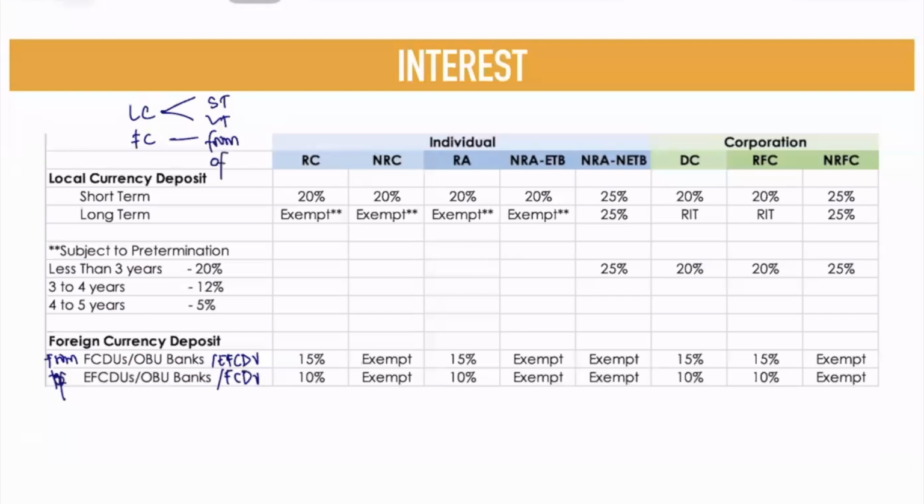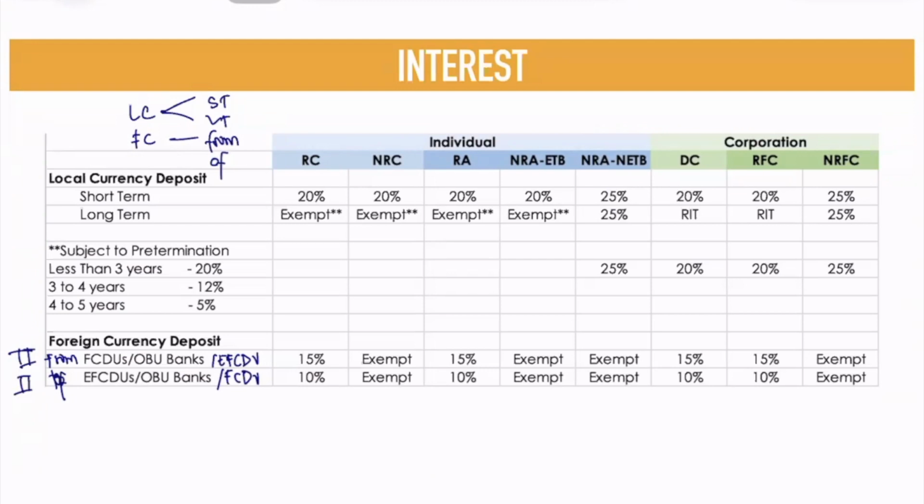So interest income from FCDUs or OBUs, interest income of FCDUs or EFCDUs. Okay. So for local currency, we determine first whether it is short term or long term.